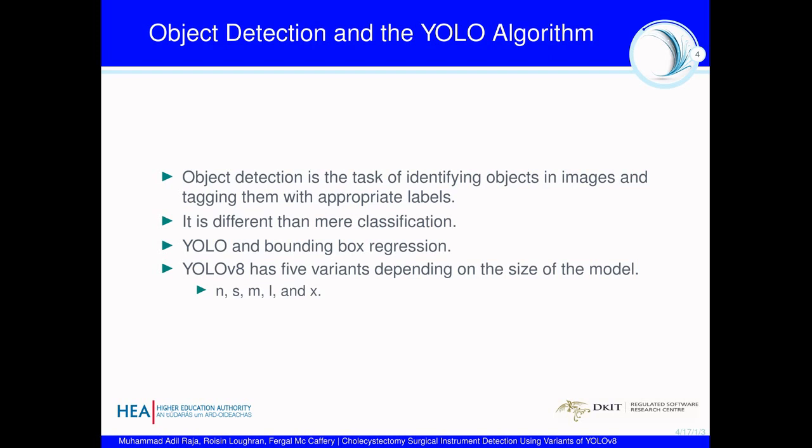However, in object detection, the model additionally tells us the exact location of the objects in the image by drawing bounding boxes around them. So it localizes objects in images, and this is useful for many applications, including surgical tool detection as well. Object detection is quite different from mere classification models.